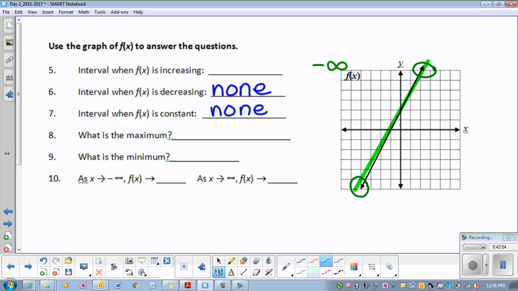Where's that going? To infinity. So from negative infinity to infinity, which is where this graph exists, where is this increasing? The whole way, right? Since we have these arrows going out on both sides, reading this graph from the left to the right, it's just increasing the whole way. So you would say from negative infinity to infinity is increasing, all right?